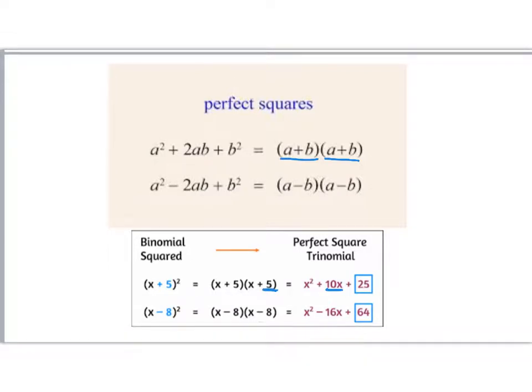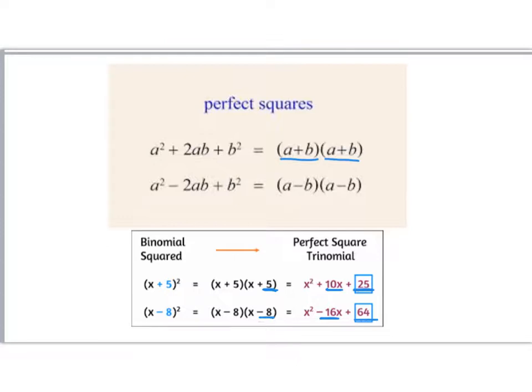And 5 squared is 25. So again, this is -8, and half of -16 is -8, and -8 squared is 64. Okay, so that's how a perfect square goes.